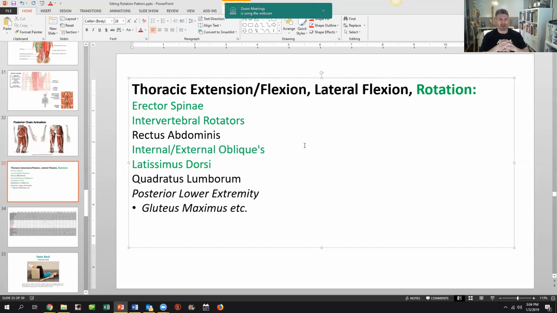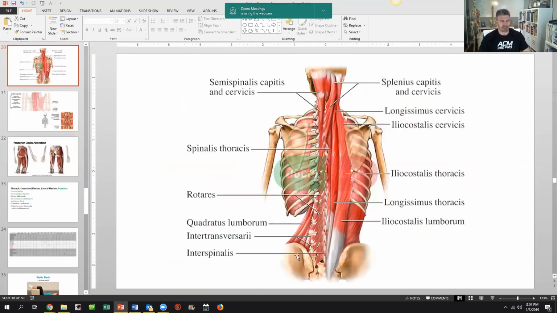Very important. The latissimus dorsi being that big attachment from the torso to the pelvis through the lumbar sacral fascia. The quadratus lumborum, we didn't talk about this, but it is a muscle that attaches along the pelvis, and it does have some insertion into the 12th vertebra, which is part of the rib cage, the thoracic back.